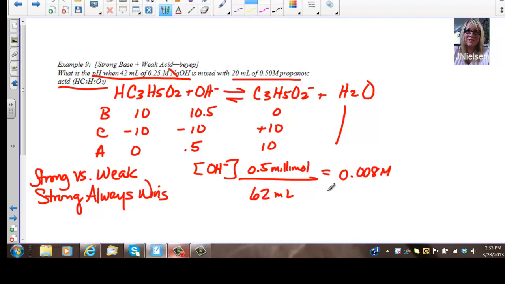And then I can just take the negative log of that. So my pOH is going to be equal to the negative log of that, which is 2.09. Therefore, my pH is going to be equal to 11.9.